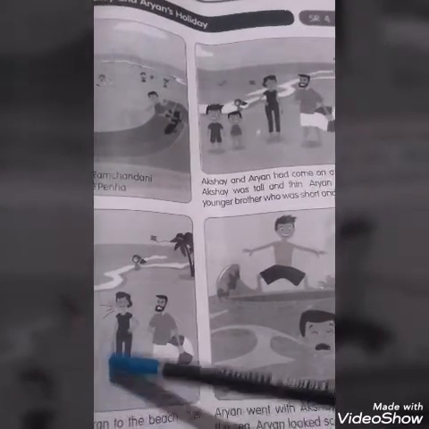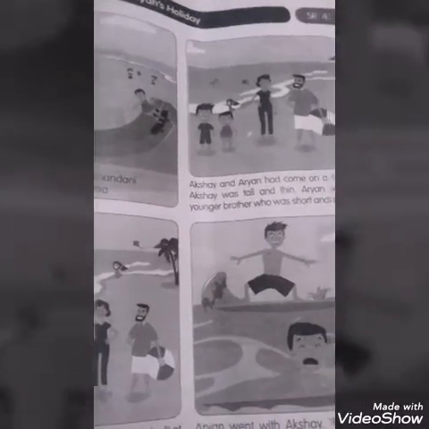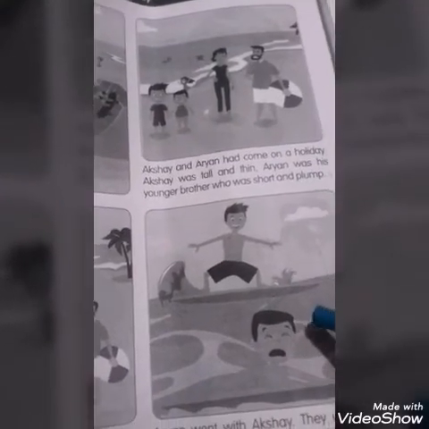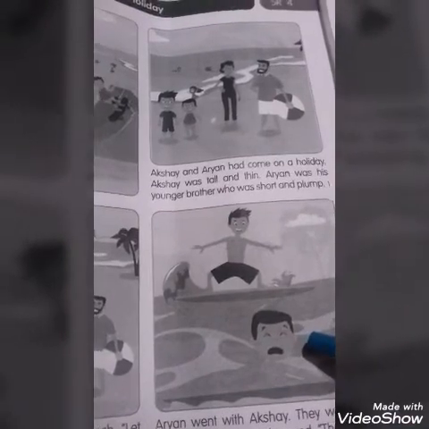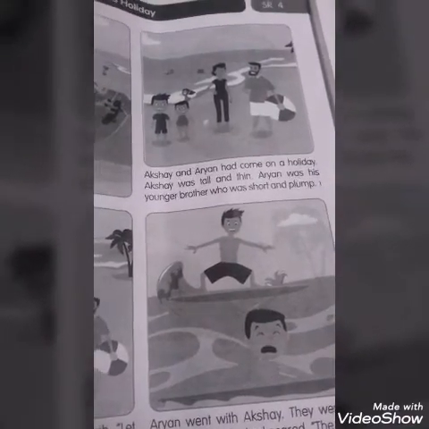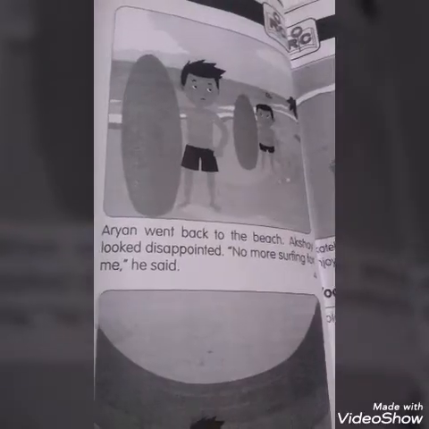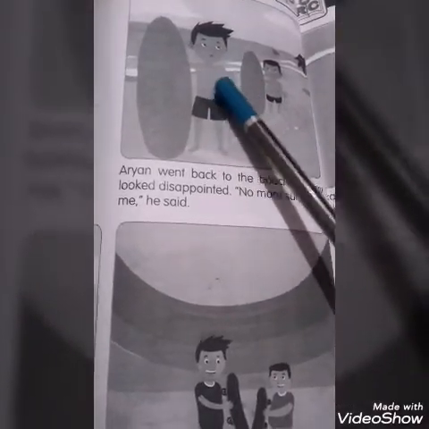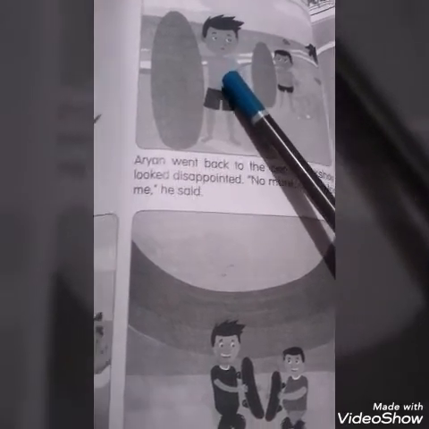So now they both were surfing. That time Aryan scared. The waves are too big, isn't it? So Aryan went back to the beach. So now Akshay was disappointed.